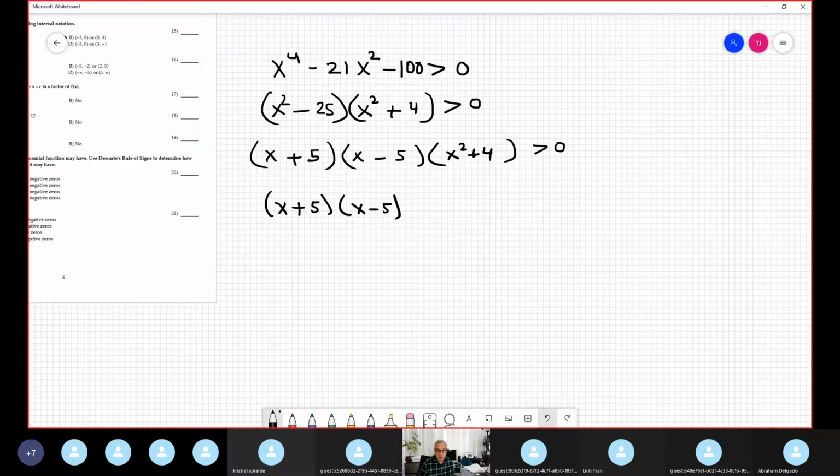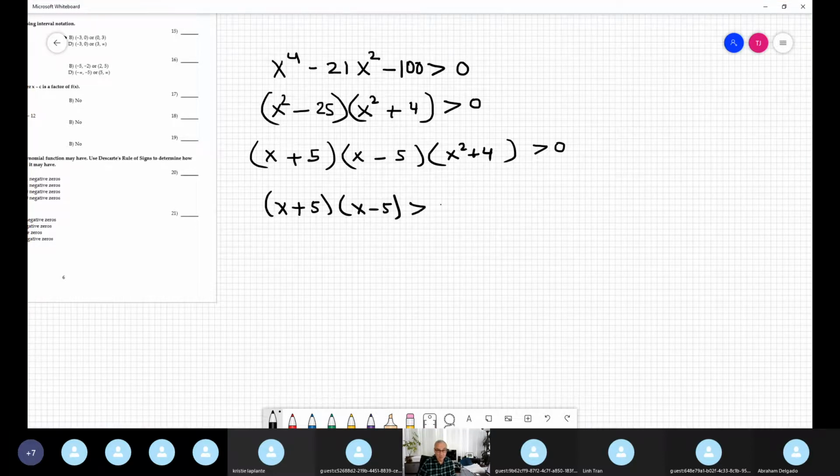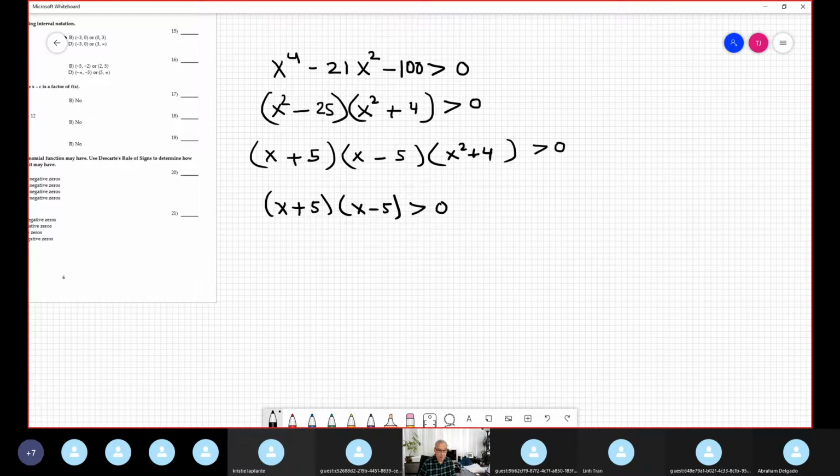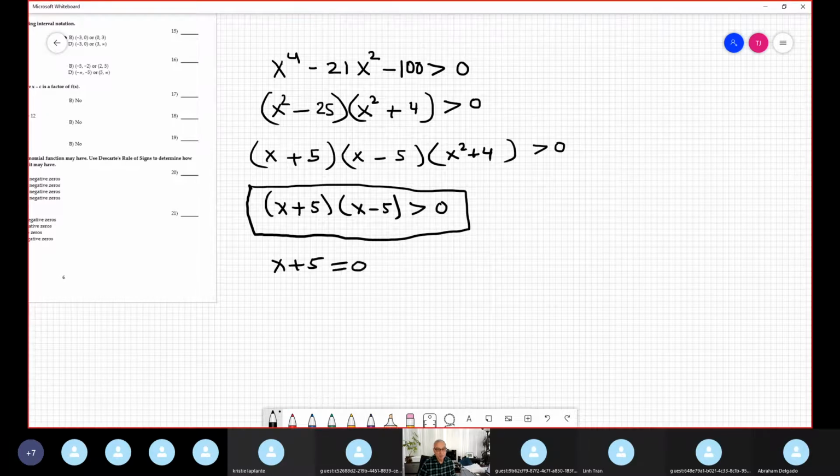We focus now on this inequality. Okay? The critical values are negative 5, and another critical value is positive 5.